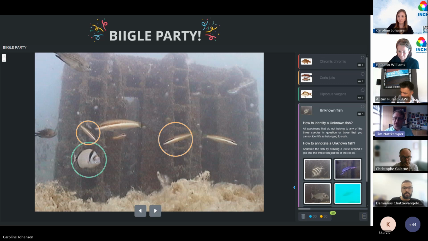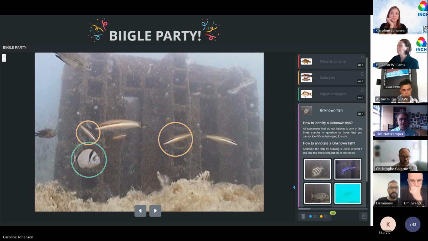And part of our research is that we have developed an online tool called Biigle, that has been used by around 4,000 marine biologists worldwide to annotate and evaluate their images. And in this project, we had the chance to build a small Biigle version with a very reduced functionality and plus some new extra features that could be used by citizen scientists. And this is what I want to tell you about Biigle.Party.